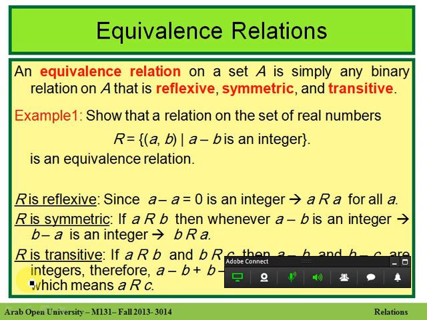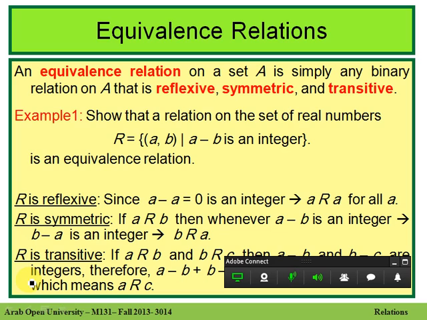It means that if you take any two numbers, then the difference of these two numbers is an integer, for example 2, 3, 4, 5, any two numbers. On this condition, we have to check reflexive, symmetric, and transitive for the set of real numbers.